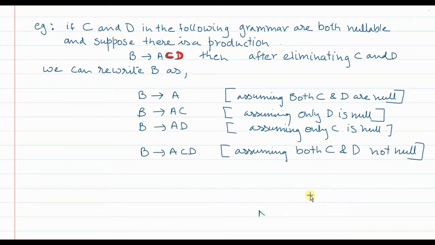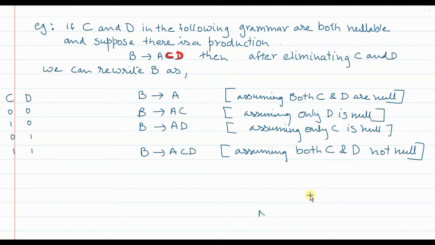So either C can be null or C may not be null, and D can be null or D may not be null. So what are the different combinations? It can so happen that C and D both are null, or C is there but D is null, or C is null but D is there, and finally both C and D are existent. So these are the possibilities.